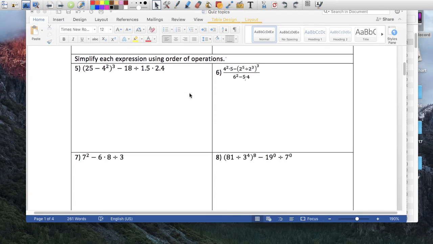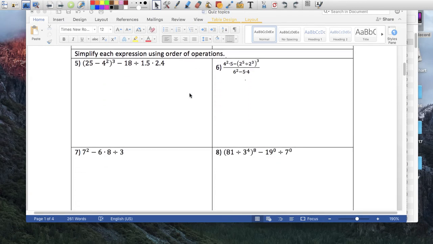Number 2. Simplify each expression using order of operations. Sometimes I've seen some of you write this on the side so that you remember. So we have G for grouping. Any grouping: parentheses, brackets, absolute values.